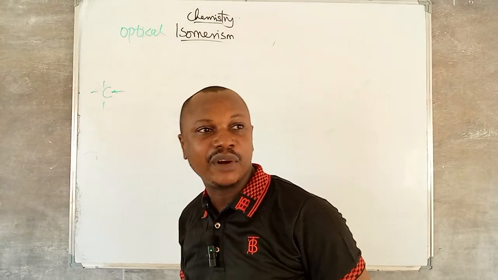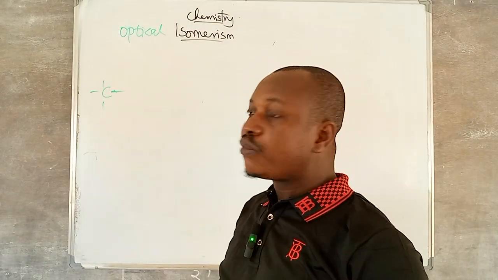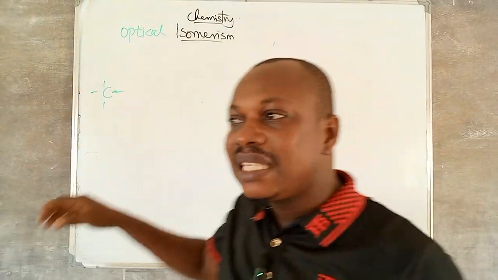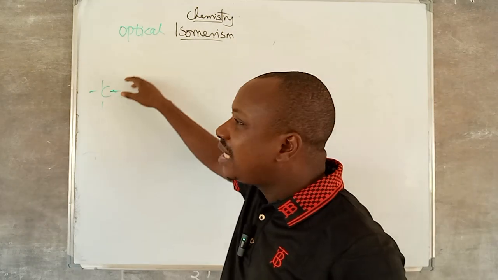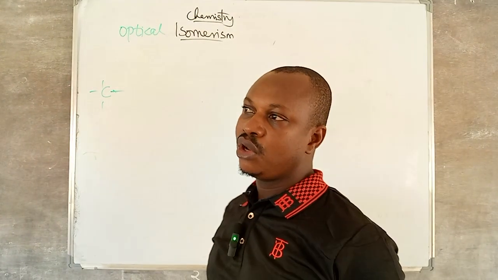That is why the valency of carbon is 4. So a compound which is optically active must have this kind of carbon, bonded to four different groups.